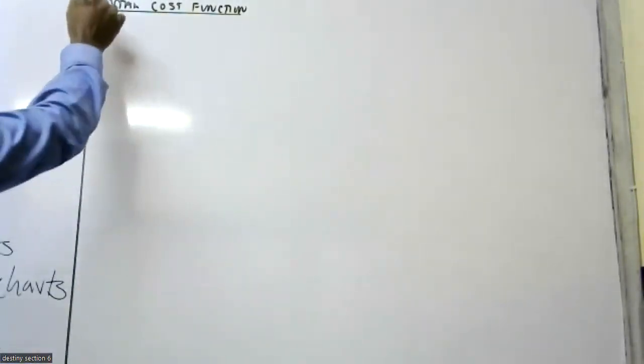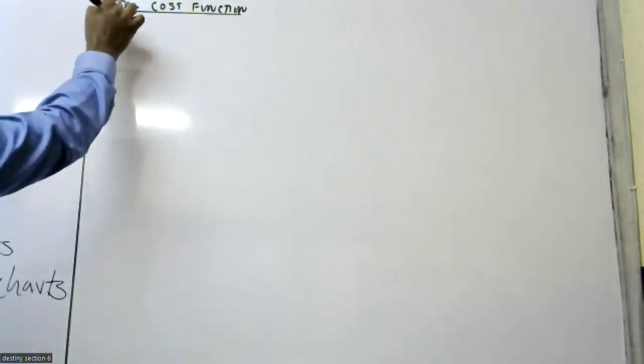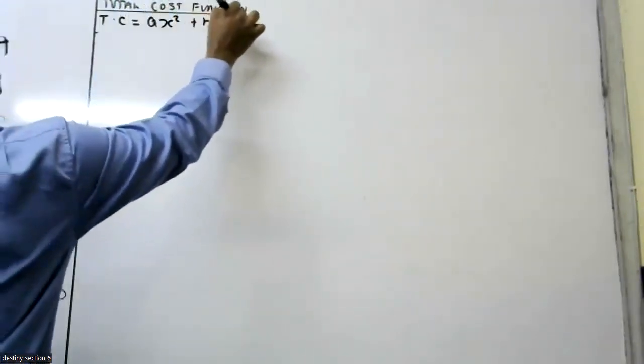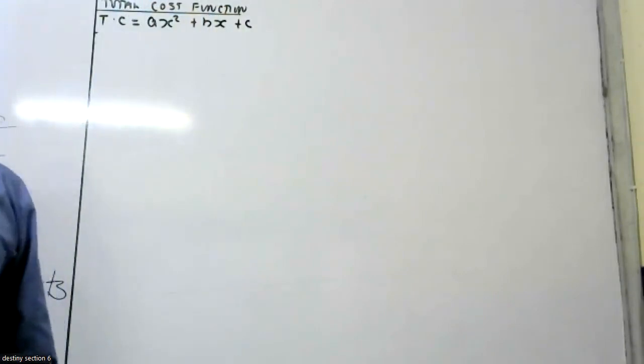Now, in the total cost function, we are told it is quadratic. So we will say that TC is equal to AX squared plus BX plus C. That is the format of a quadratic function.